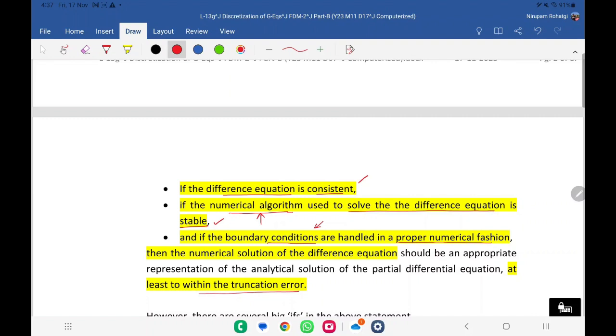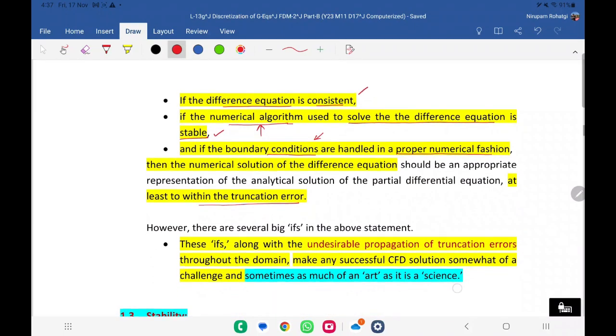Okay, so I would say that boundary conditions are part of that only when you are writing the equation. So that means you have written a consistent equation for the boundary condition also, right?